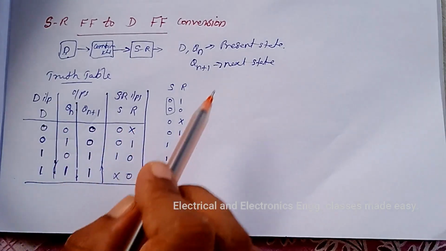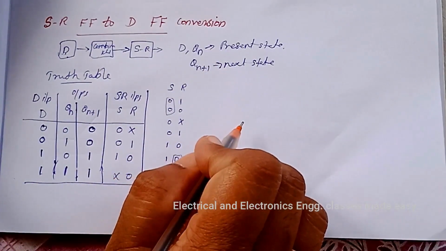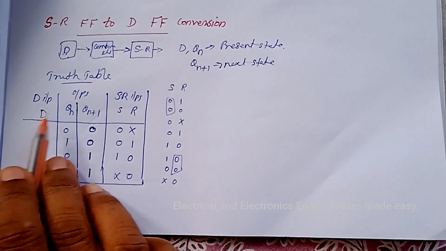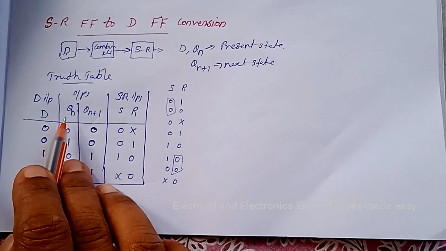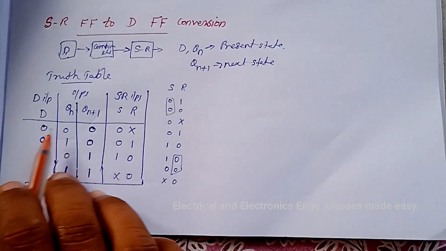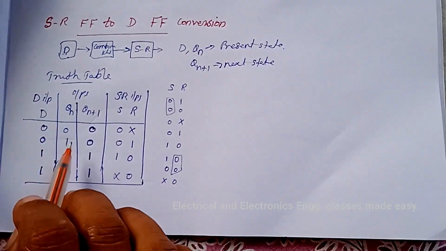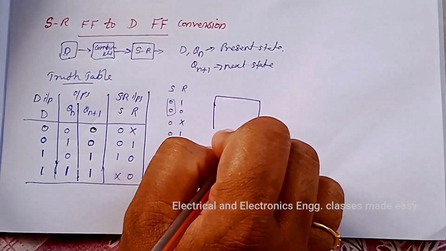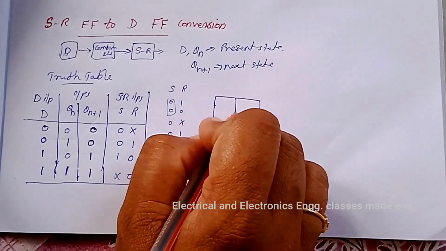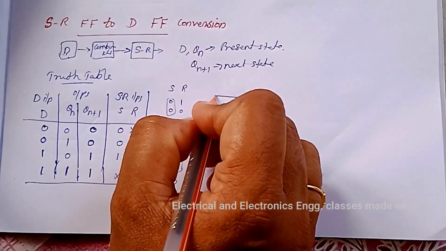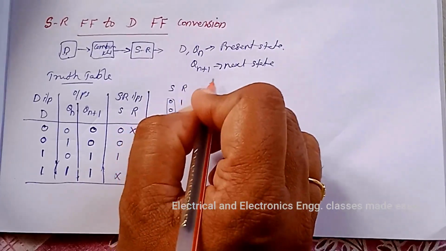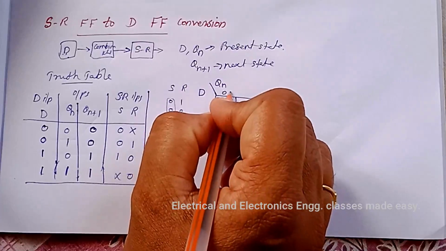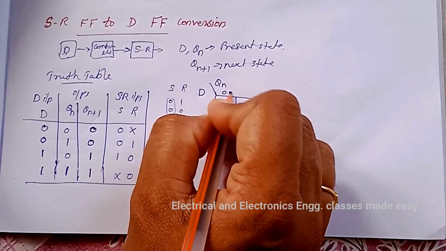Next we have to draw the K map with variables D and Qn. There are four possible combinations, so we have to draw a two variable K map with variables D and Qn. This is 0 0 0 and 1.